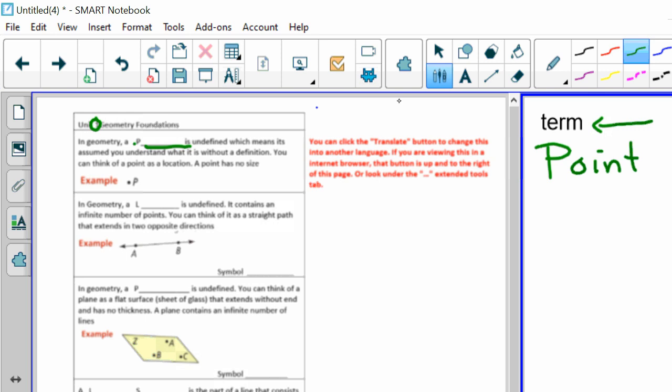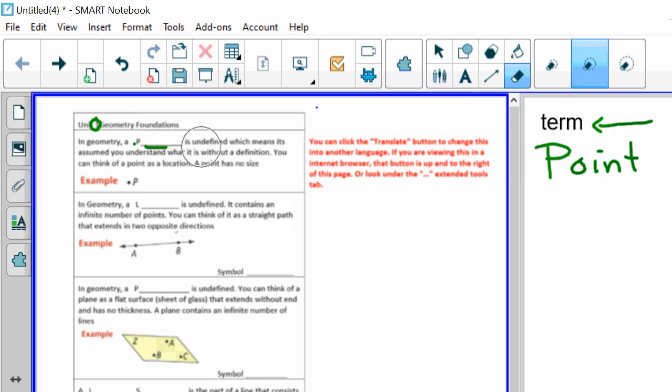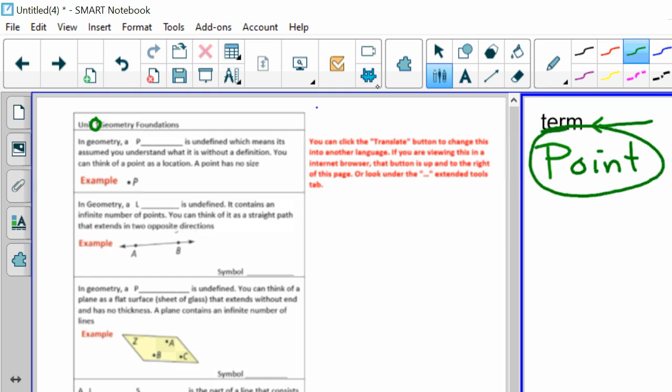So if you write them back there and you leave the front blank, then you'll read the first part and say, in geometry, a blank is undefined. What's the word that starts with P? And then you have to think about it, and that letter P helps prompt. And if you say point, then you can go to the back side and see, oh yeah, it is point. Or if you're stuck, you could go back there and look.